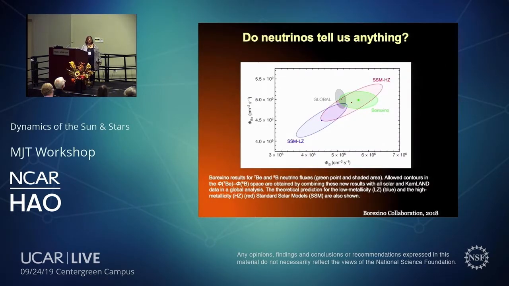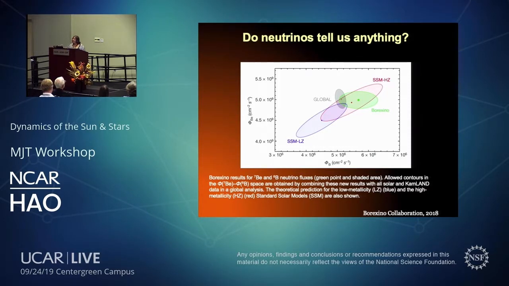Maybe go to neutrinos. We've only looked at neutrinos from the PP chain so far. Those are the most well observed neutrinos. But people are beginning, particularly the GALAX experiment and the Borexino experiment, to look at CNO neutrinos.